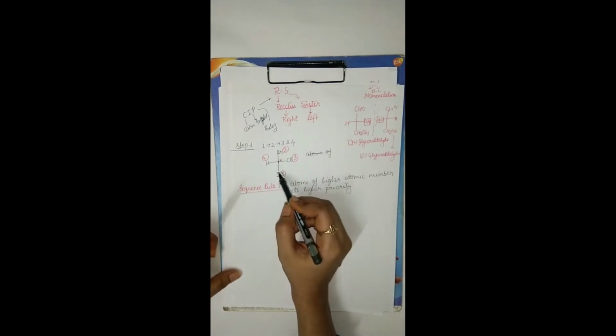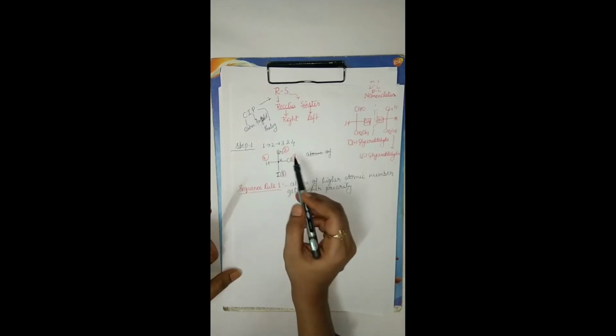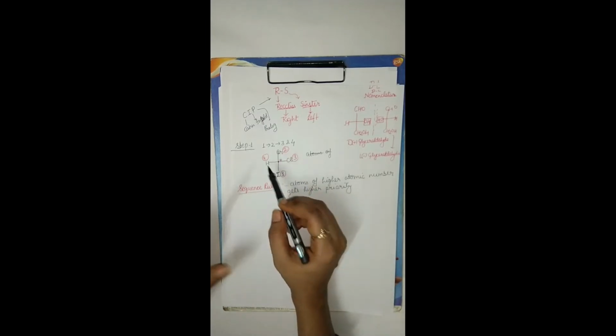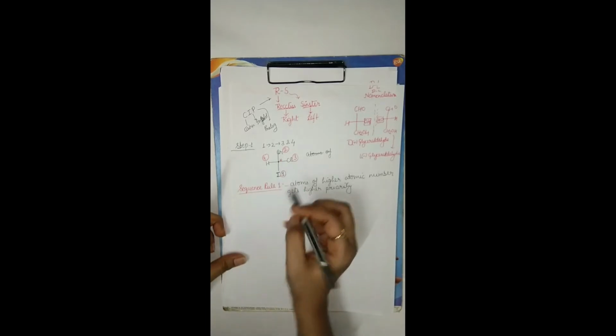Sequence rule number 1, in which this is the chiral carbon atom, 4 different groups are attached, and the atom which has the highest atomic number will get number 1, and after that Br gets number 2, Cl is number 3, and H is number 4.